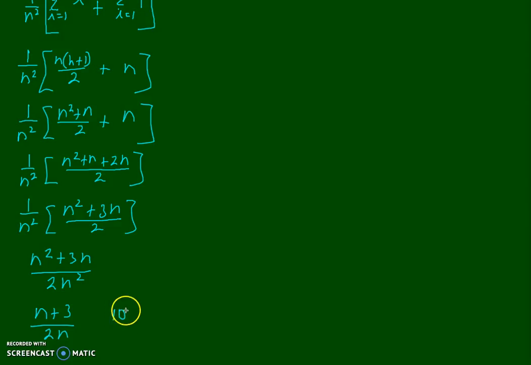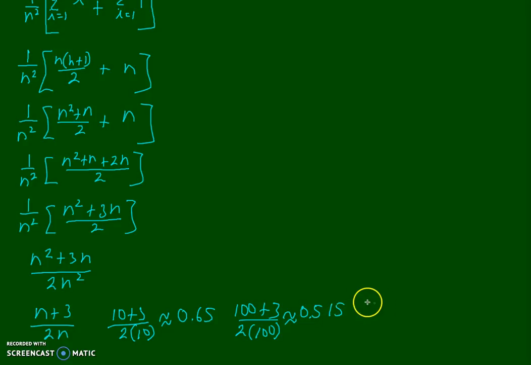So we have 10 plus 3 over 2 times 10, which is going to be 0.65. And we'll have 100 plus 3 over 2 times 100, which is 0.515.